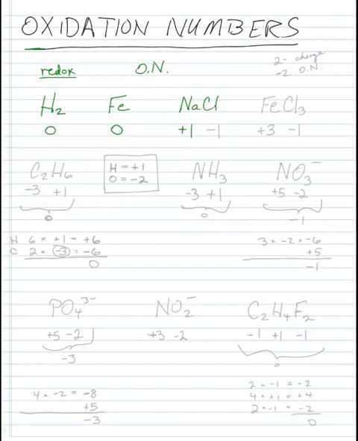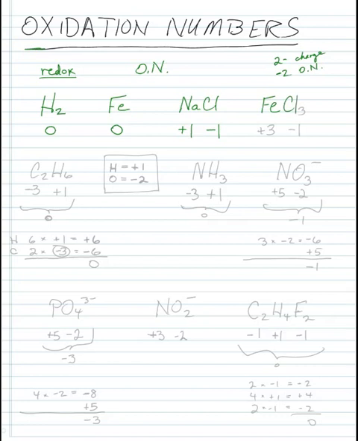The chloride is a 1 minus charge, so we're going to give it a -1 as its oxidation number. It's kind of odd that we write charges as, for instance, a 2 minus is how we write the charge, and a -2 is how we write the oxidation number. We turn it around. Maybe that's just so that we can recognize what we're talking about. It's a picky little thing, but that's what we do.